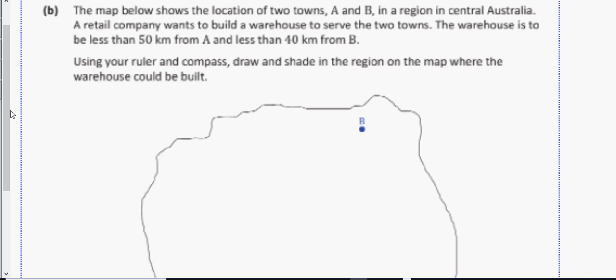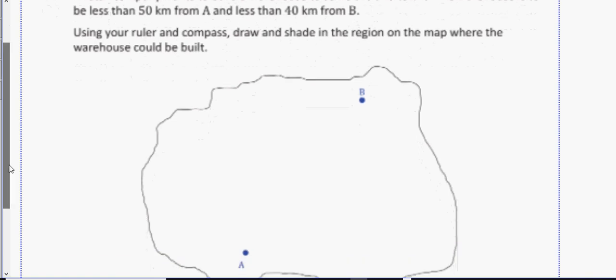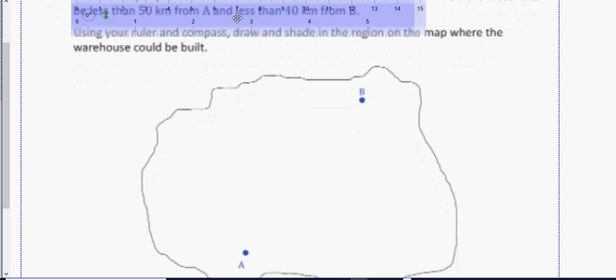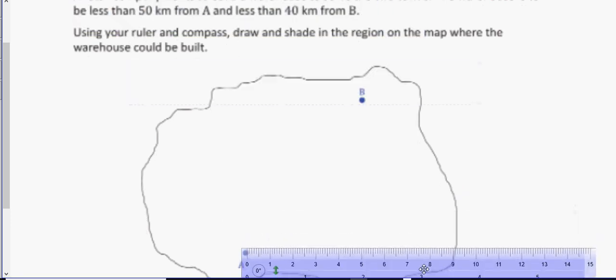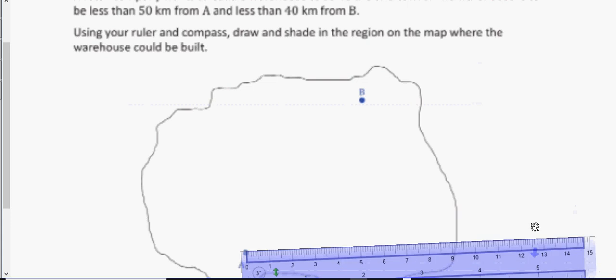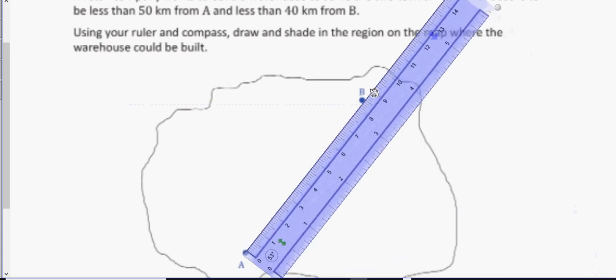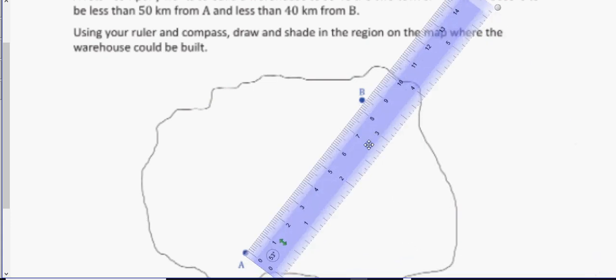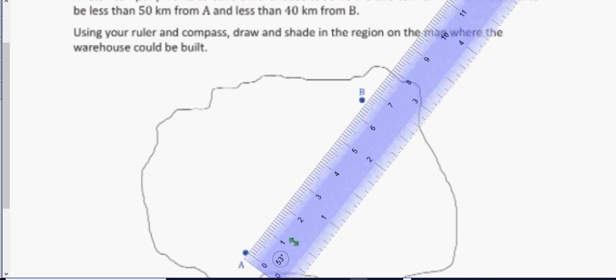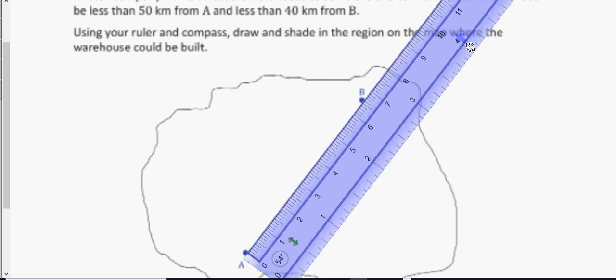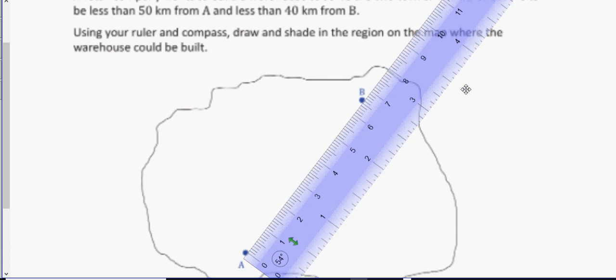Alright, let me show you this. Dylan, can you do me a favour? Can you tell me, using your ruler, what is the distance from A to B? Just give me roughly what you think it is. 6.5. For me, I just have to scale up my ruler so it's roughly what you guys have.